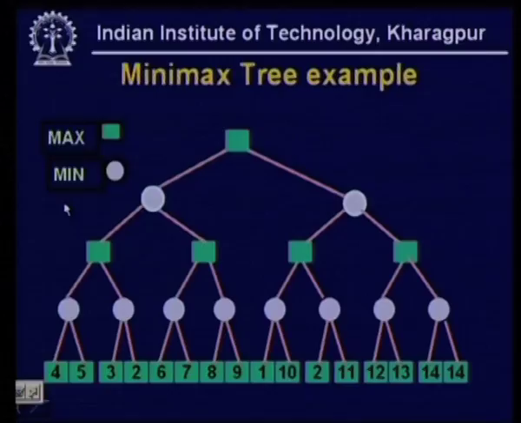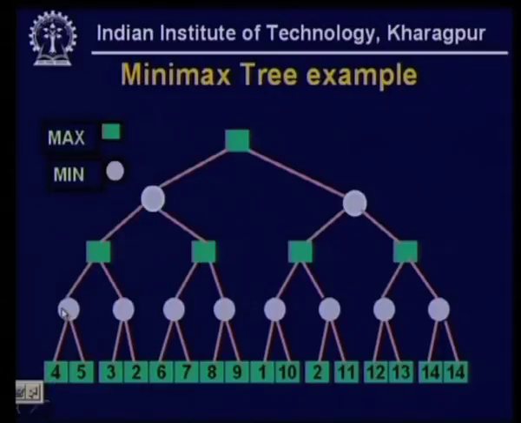This happens to be the schematic diagram of a game tree where the leaf nodes have been assigned certain values. When depth-first traversal occurs, first this leftmost leaf will be evaluated, and its value is equal to 4.